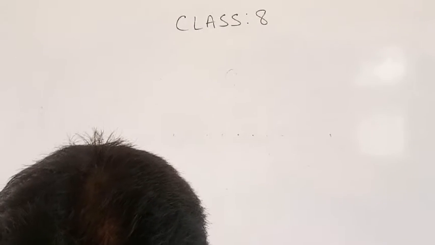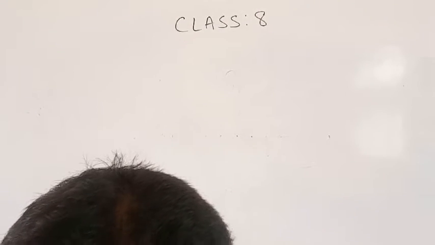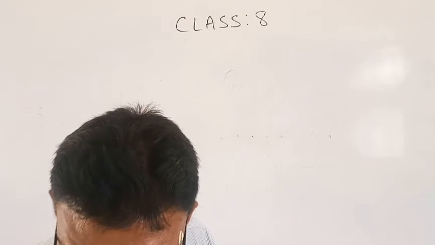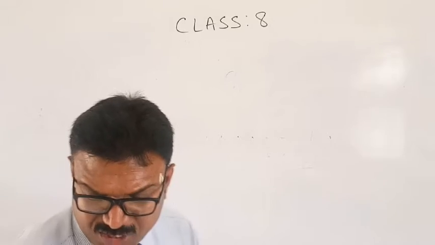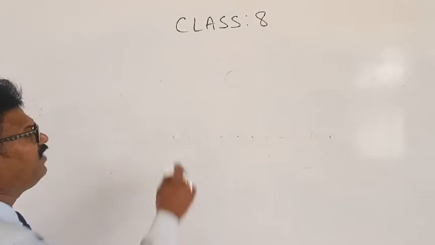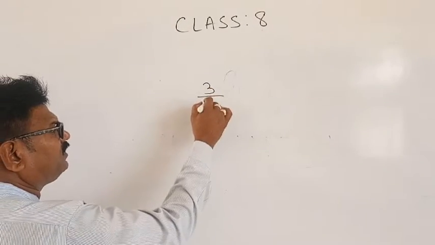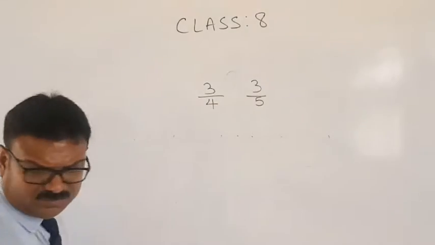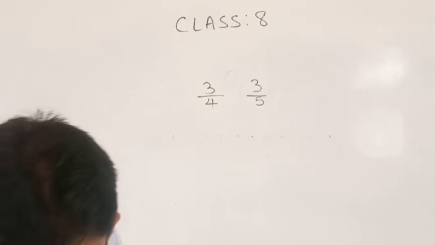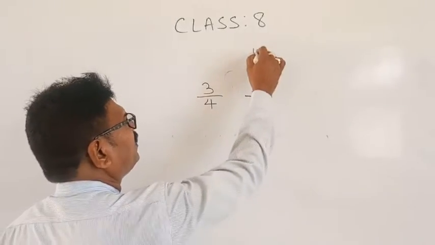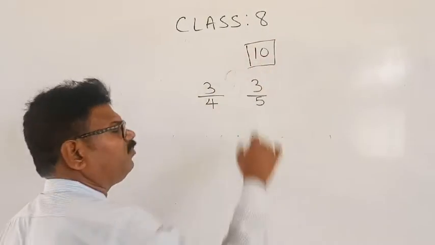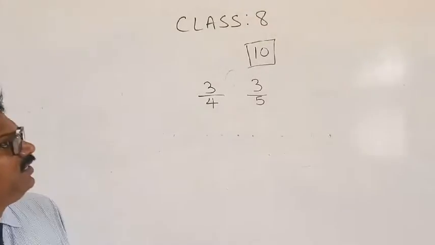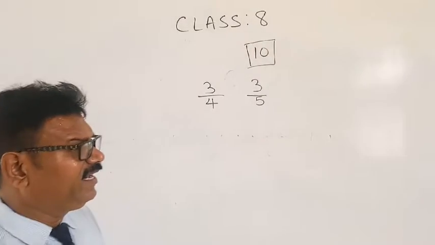Yes, next. Find rational numbers between 3/5 and 3/4. How many numbers do we want? 10 rational numbers.